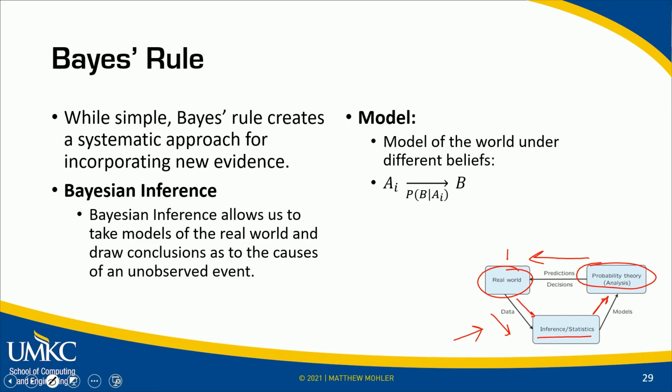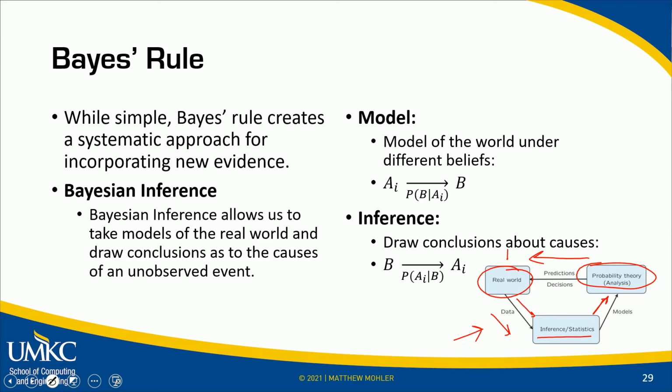For each of the different ways that something could occur, what's the total probability that we reach a certain point? Now, on the flip side, there's inference. And inference is the opposite of that. It's drawing conclusions about causes. We're saying, hey, given that we know something already occurred, what is the probability of each of the respective causes being what got us to where we are today?